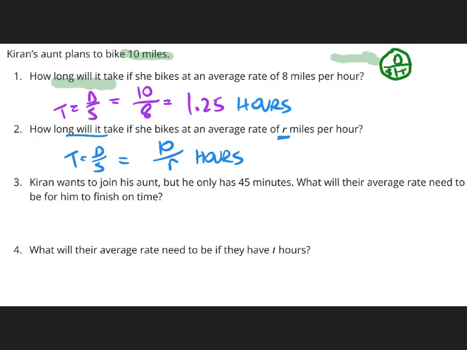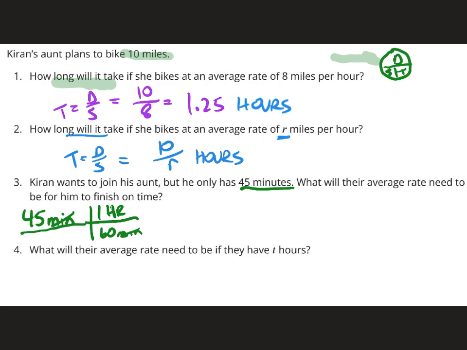Karan's aunt wants to join him, but only has 45 minutes. What will their average rate be? Our average rate is miles per hour, so we need to change 45 minutes into hours. 1 hour is 60 minutes. We must get the units to cancel out.